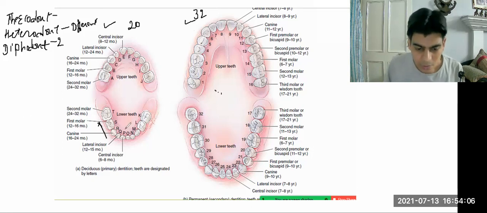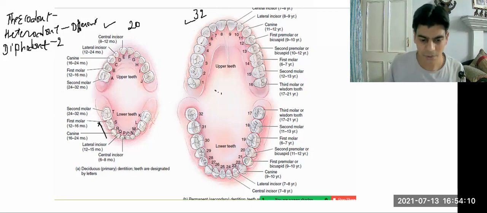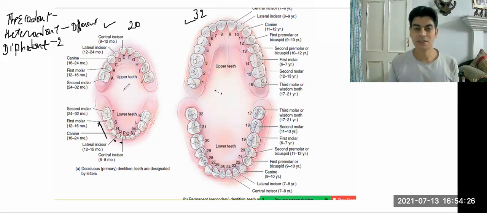Now, if you look at the center, you have these two teeth, this one and this one. We call these teeth, based on their shape, incisors. They are chisel shaped. Chisel is a tool that is used to cut edges.